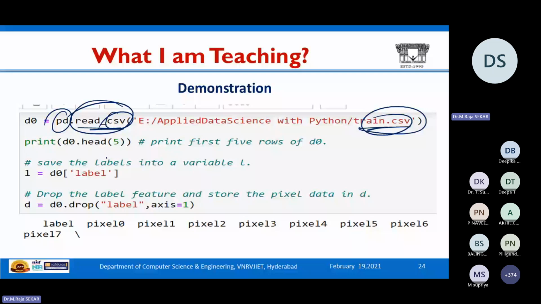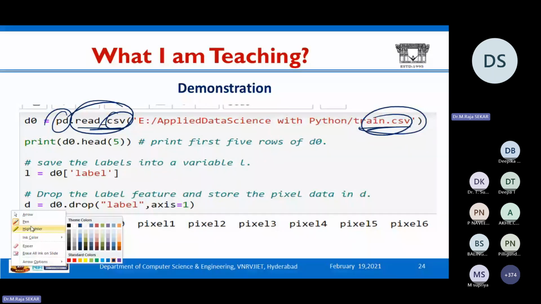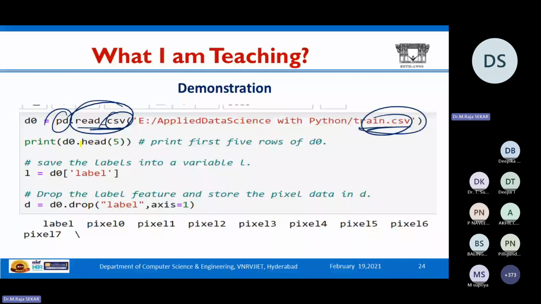Before applying principal component analysis, let me try to understand the data set itself. Therefore, in Python there is a simple command, print d0.head. What is my d0? In d0, I have my entire data set.